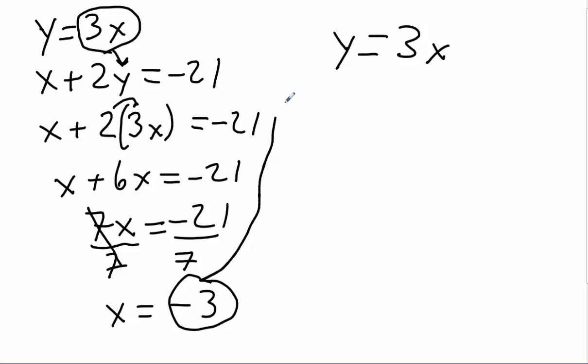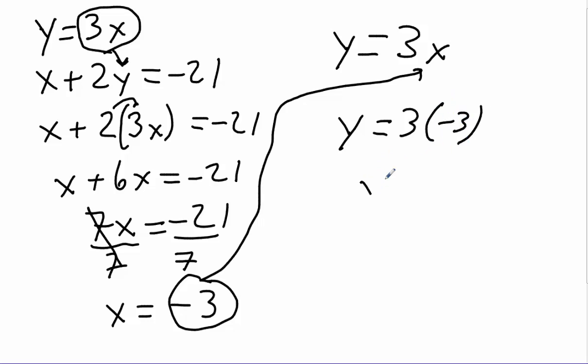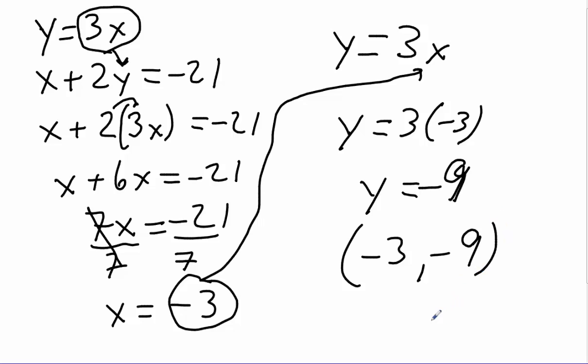So we can just substitute, like we did in the beginning, negative 3 in for x. And we get y is equal to 3 times negative 3. Y is equal to negative, ooh, it's an ugly looking 9. Negative 9. So our solution set is negative 3 comma negative 9.